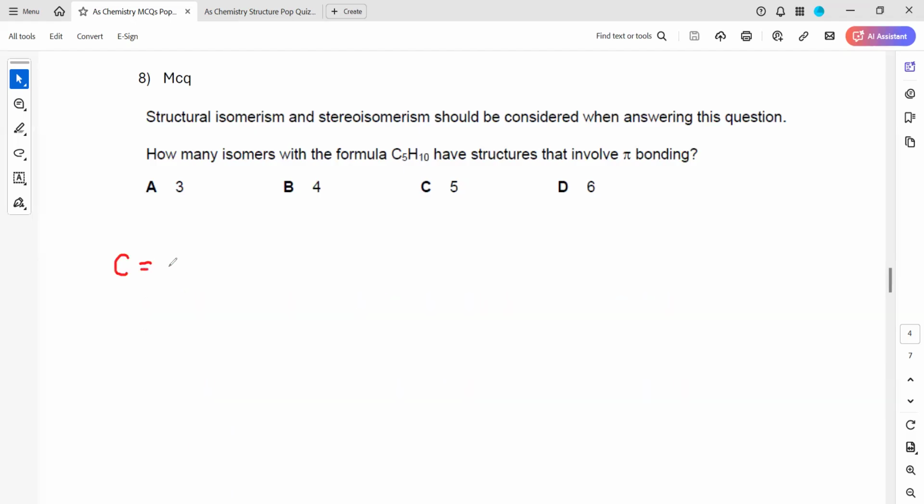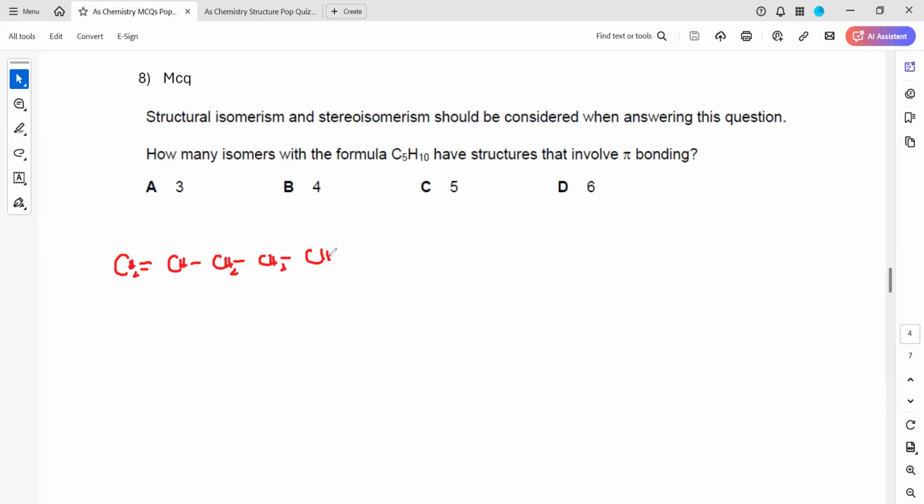So in a pentene, we'll have carbons 1, 2, 3, 4, 5. And at the same time, you can check whether a geometrical isomer exists or not.